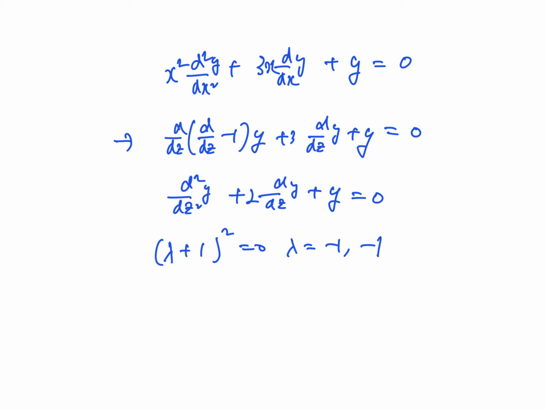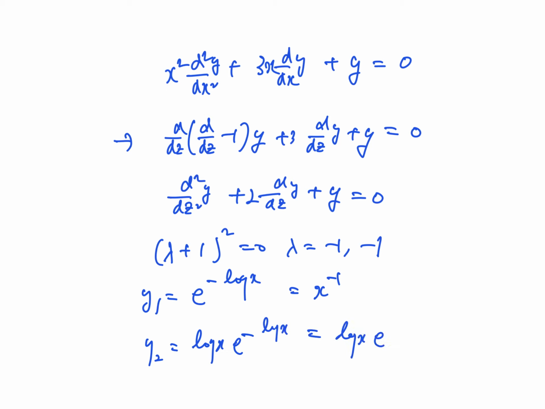In this case, obviously y1 is exponential minus log x, right? x to the minus 1. y2 is log x times exponential minus log x, log x times x to the minus 1 is the solution.